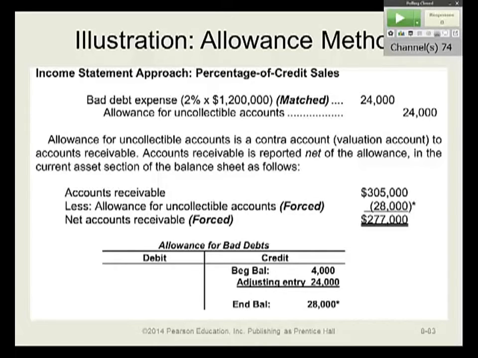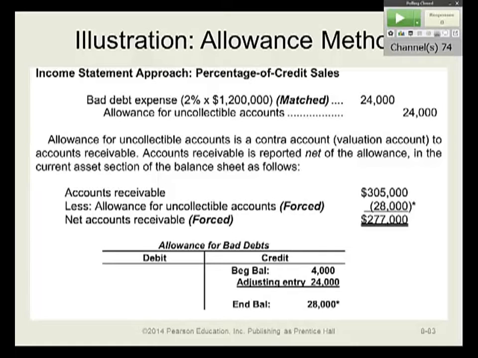The allowance account now goes to $28,000, and the net realizable value of accounts receivable is $28,000, because if you remember, accounts receivable had a debit balance of $305,000.